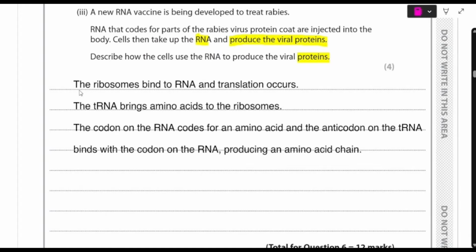Here, the ribosome binds to the RNA and translation occurs. The tRNA molecule brings the amino acids to the ribosome. The RNA has codons which code for amino acids, and the anticodon on the tRNA binds with the codon, producing an amino acid chain, which further gets converted to protein.